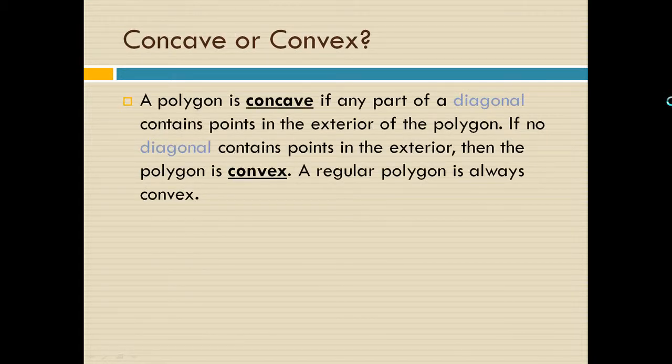When we classify them, we have one other means of classification, and this would be whether a polygon is concave or convex. Concave means that some part of one of the diagonals contains points on the exterior of the polygon. If no diagonal contains points on the exterior, then it is convex. All regular polygons are convex.